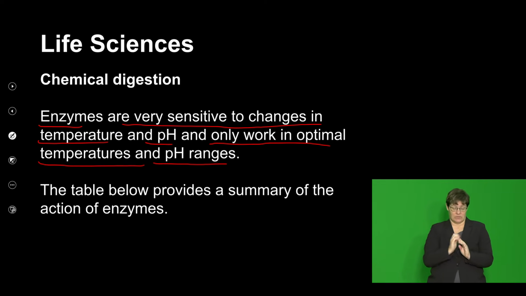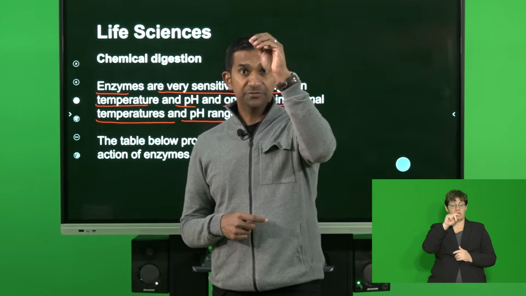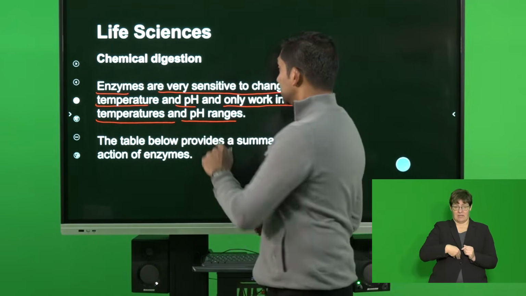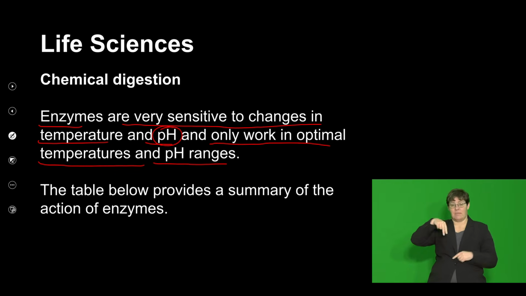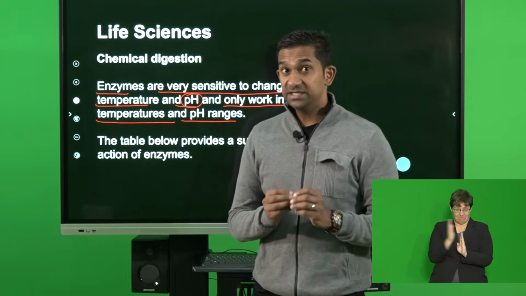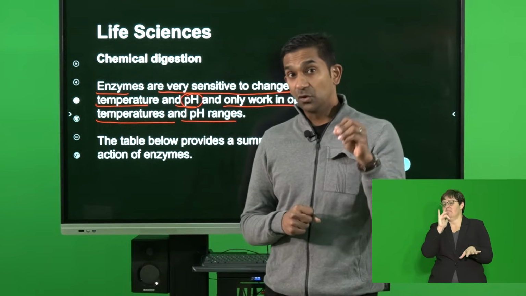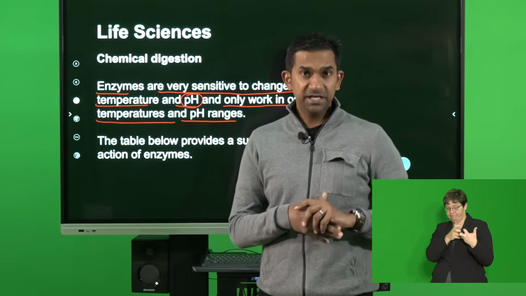Having said that, we've got to understand that throughout the digestive system and the alimentary canal, from the mouth down through the esophagus into the stomach, we have different pHs. What does this mean? It means that the enzymes that function in these different organs or parts have to be very sensitive or adapted to specific pHs.